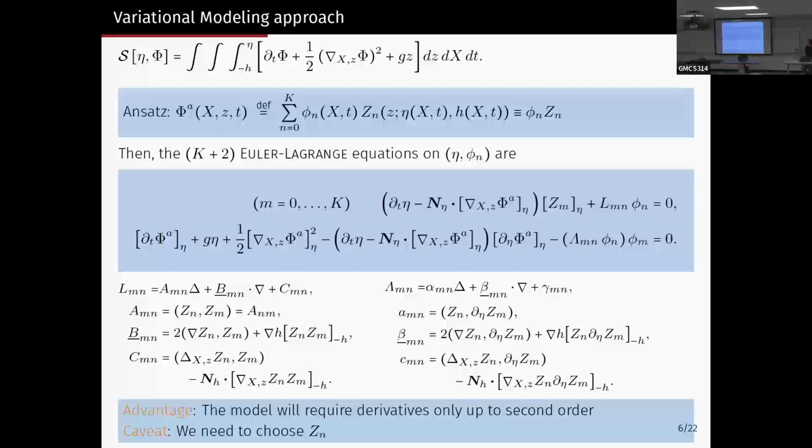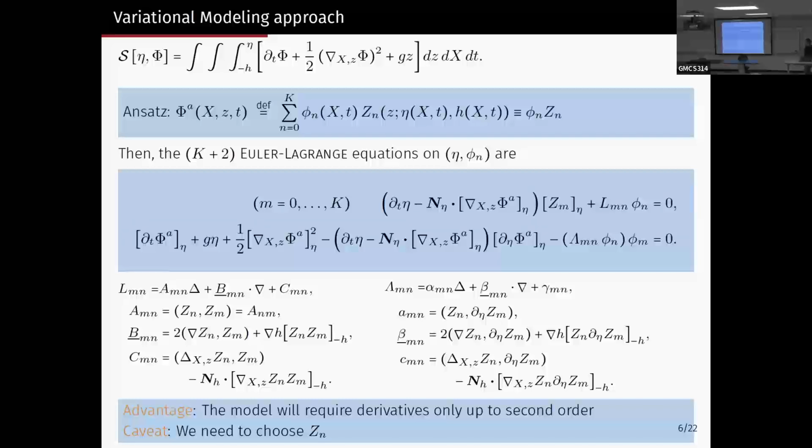And this prescribes the vertical structure of the velocity potential, and we leave the phi n's unknown. We put them in the functional, we vary with respect to eta and phi n with the standard calculus of variations approach, and then we get the approximating Euler-Lagrange equations, if you want.